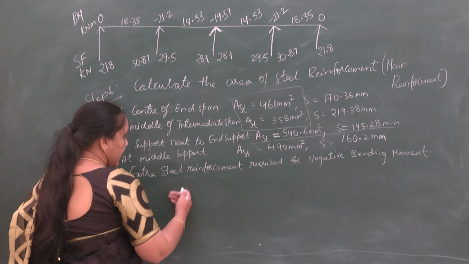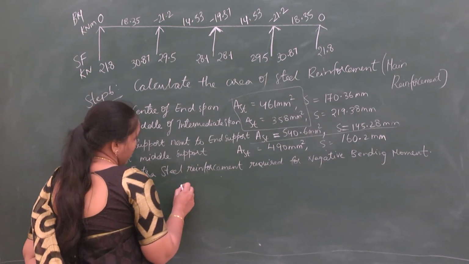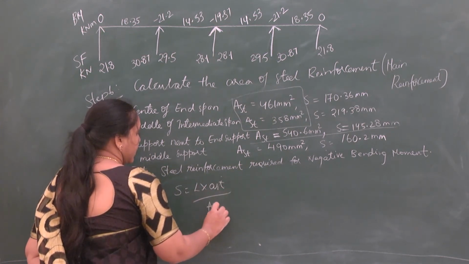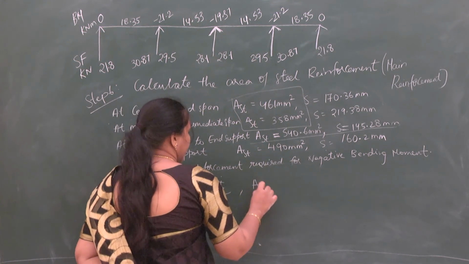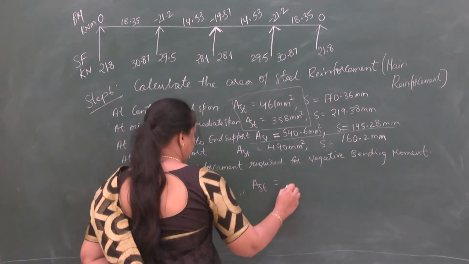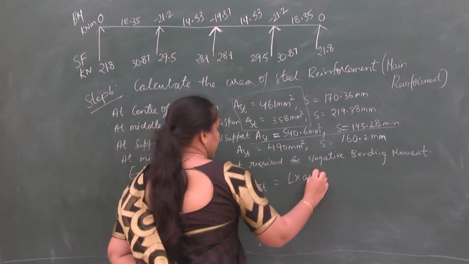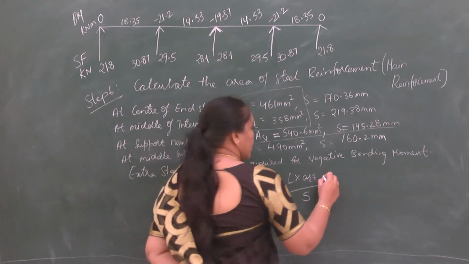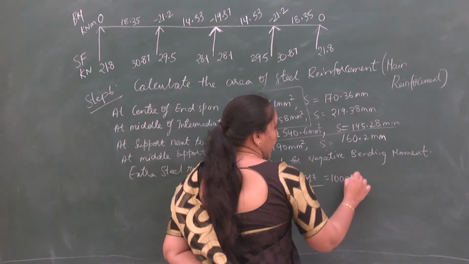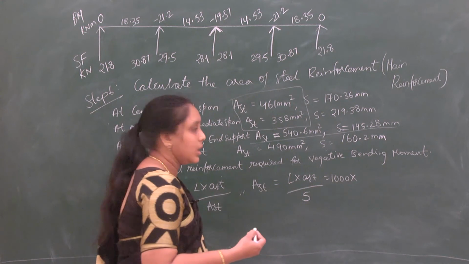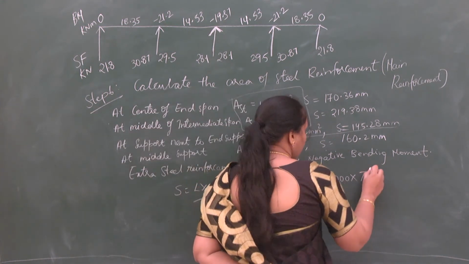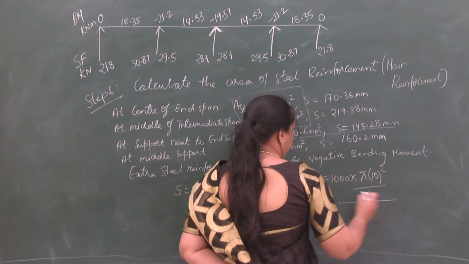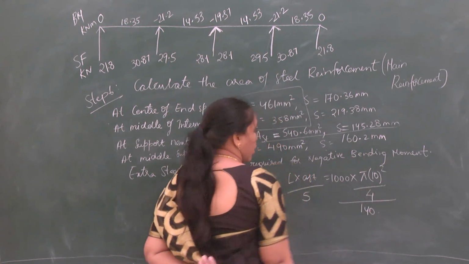So how will we calculate the AST provided? S is equal to L into small ast divided by capital AST. From this we can calculate AST: capital AST is equal to L into small ast divided by S. S is the spacing. L is 1000 into small ast, the area of one bar, that is pi into D, D here is 10, whole square divided by 4, whole divided by S. S, the spacing, is 140 mm.